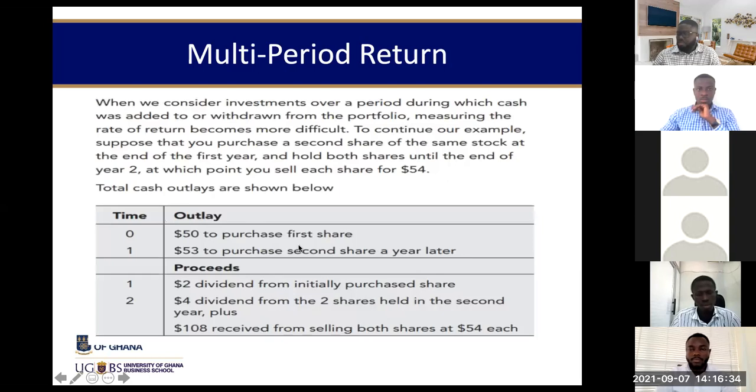Okay, so just to recap, we buy a stock at time 0 at $50. At time 1, we buy a second stock of the same company, so we buy another stock at $53. At time 1, we receive $2 for the first stock.